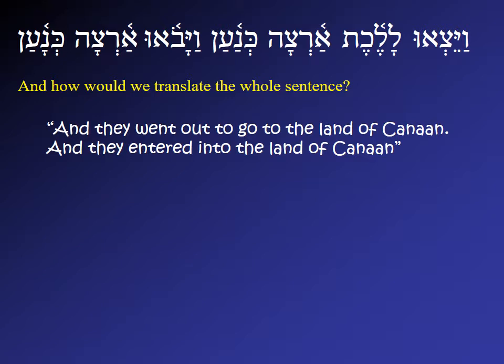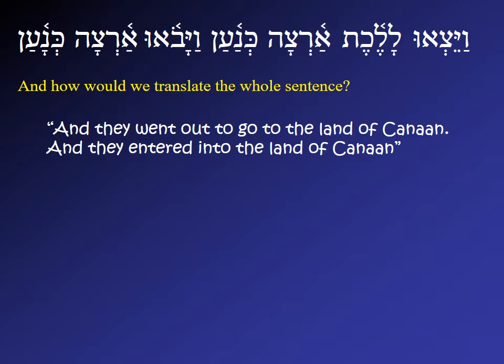Now you may have noticed that our two Canaans are spelled slightly differently. The first one has two patachs. The second one has a kametz and a patach. The reason for that need not concern you, but if you're interested, the reason is the second Canaan is at the end of a sentence and therefore has a stronger pause than Canaan in the middle of the sentence.